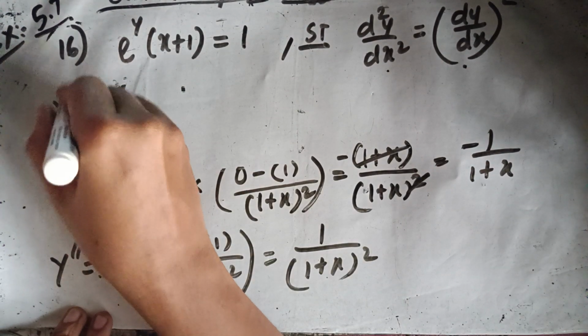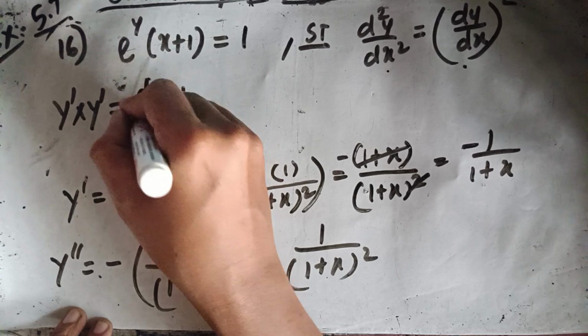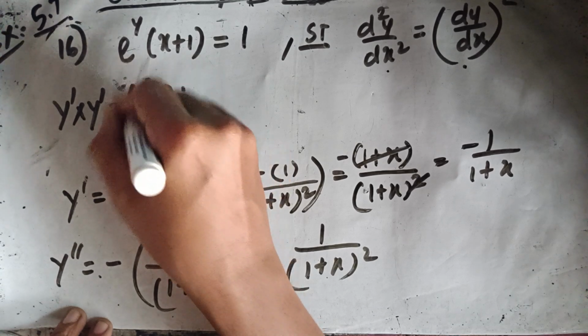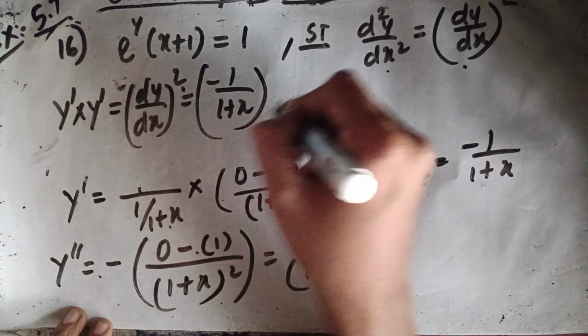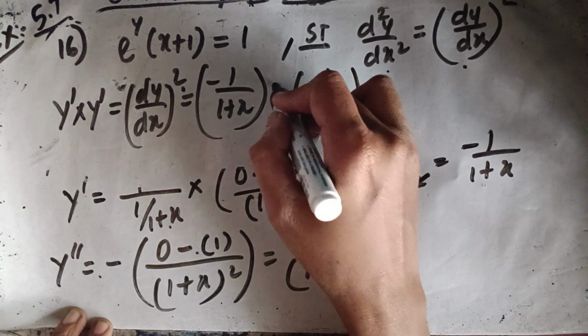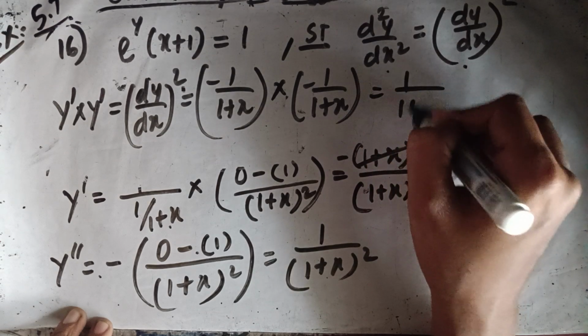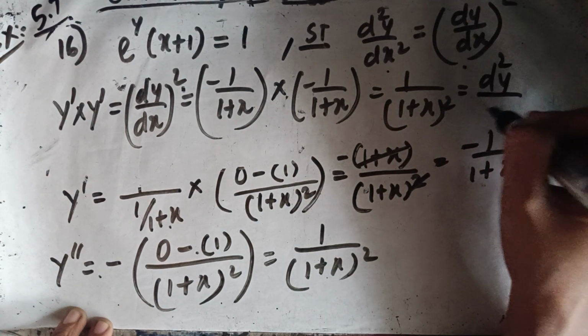That is squaring. You'll get 1 upon 1 plus x the whole square, which is your d square y by dx square.